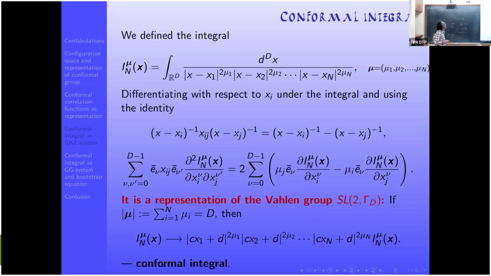But then something very interesting happens. I don't want to evaluate this integral. I want to write a differential equation for this integral and solve it. The integral evaluation is always difficult. If you are allowed to take derivatives with respect to the xi's within the integral, you can check that this satisfies this second order differential equation. Again, these are the Clifford elements.